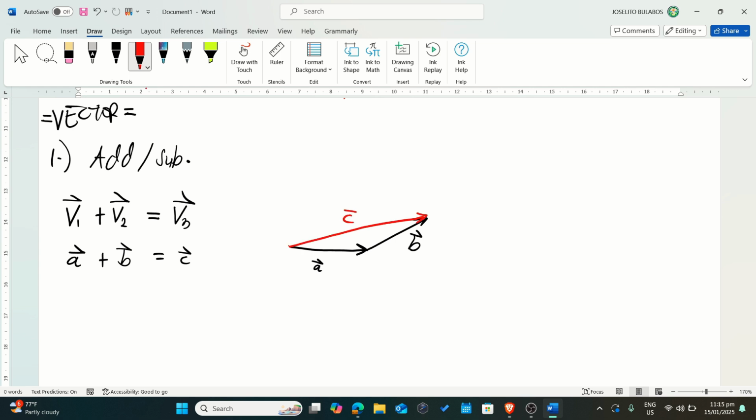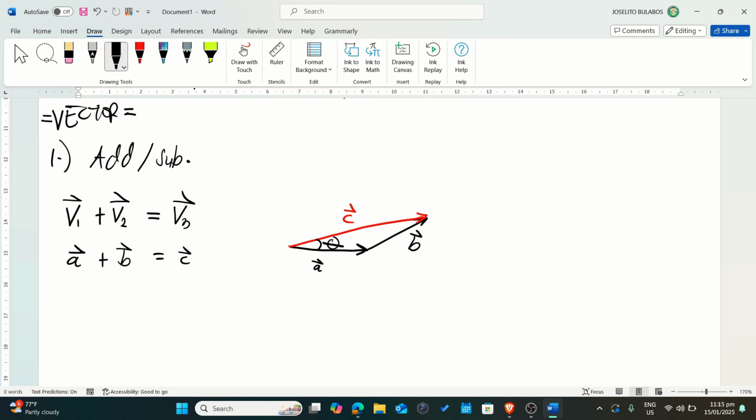Okay, so the sum of A and B is equal to C.